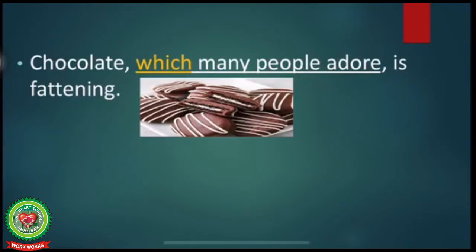Students, remember, we won't take is fattening as a part of the subordinate clause because I have already told you that a subordinate clause ends before a finite verb. So it will end before the finite verb is. And chocolate is fattening is a principal clause.